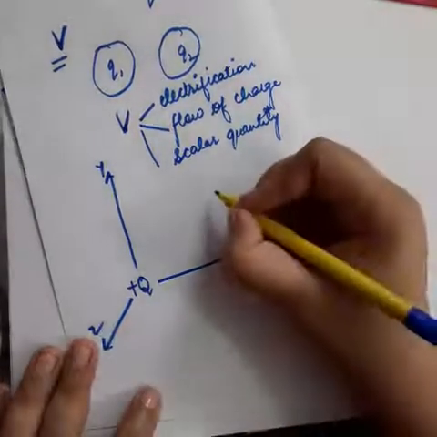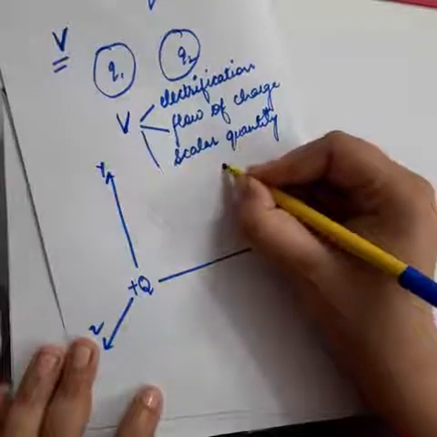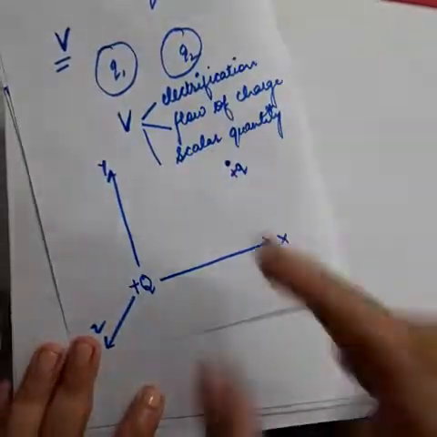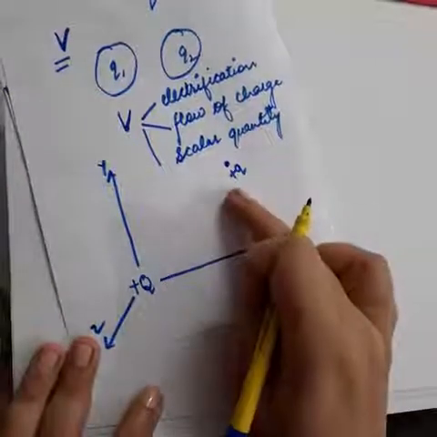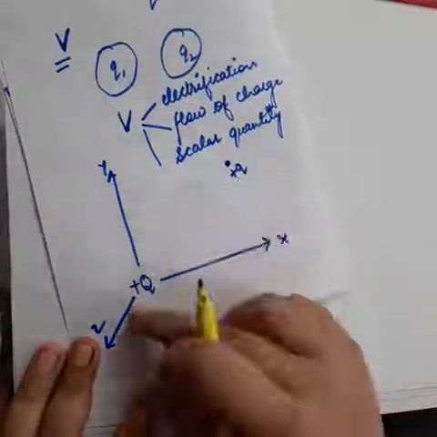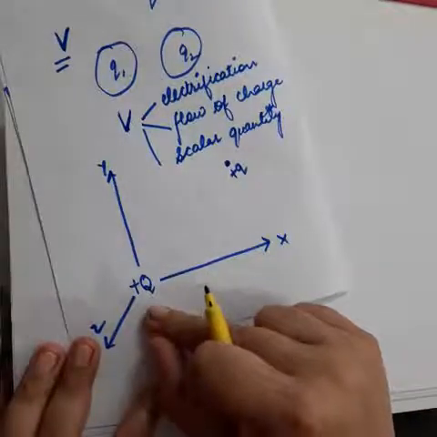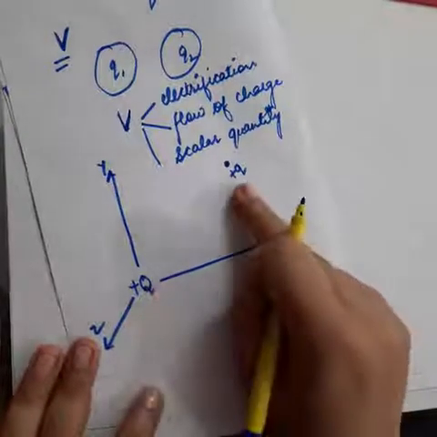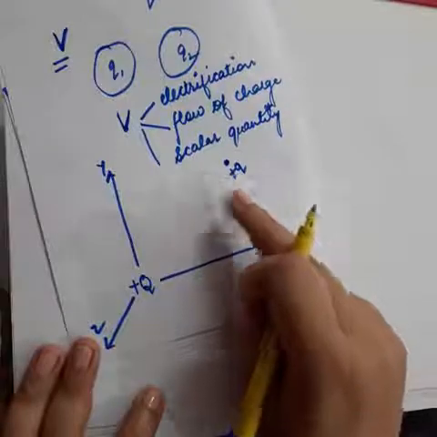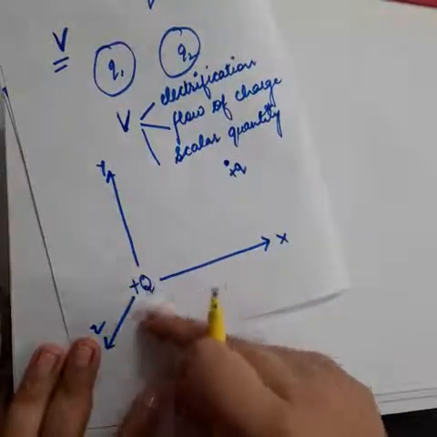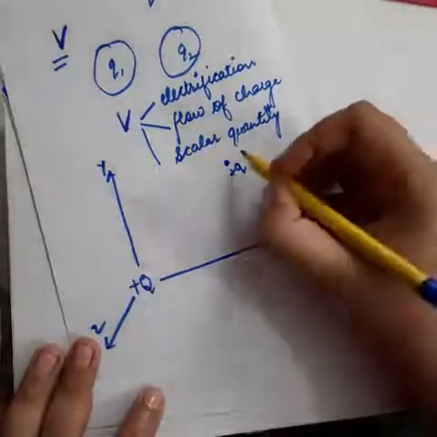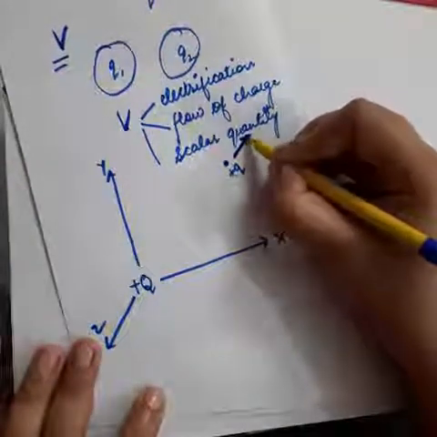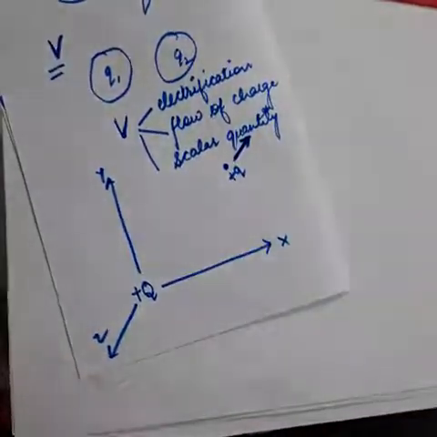Okay, now here you have placed a test charge plus q. This plus q charge would naturally be repelled by this positive source charge, isn't it? Of course, yes. So the natural force will be directed here.